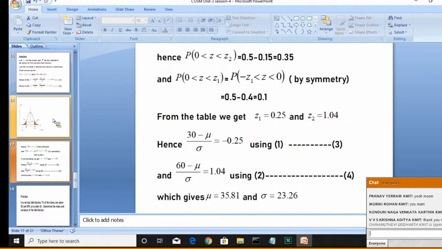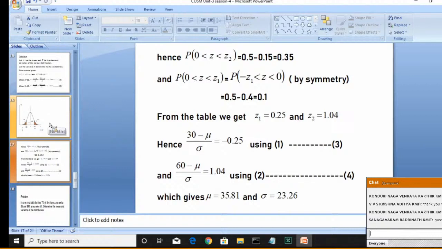Karthik, should I explain one more time? Okay, good. Then here you see, write down in your notebook: probability of 0 less than Z less than Z2 is 0.35. Is it there or not, you see? And 0 less than Z less than Z1, and minus Z1 less than Z less than 0, also write it in your notebook.